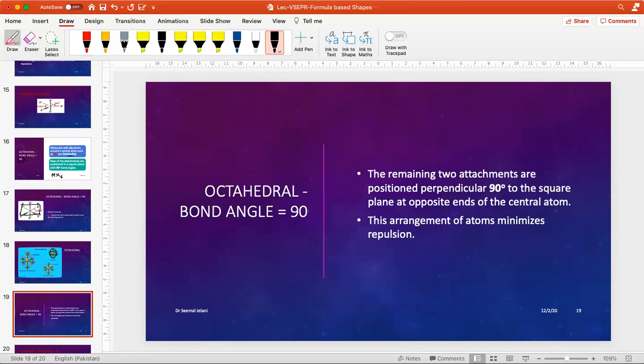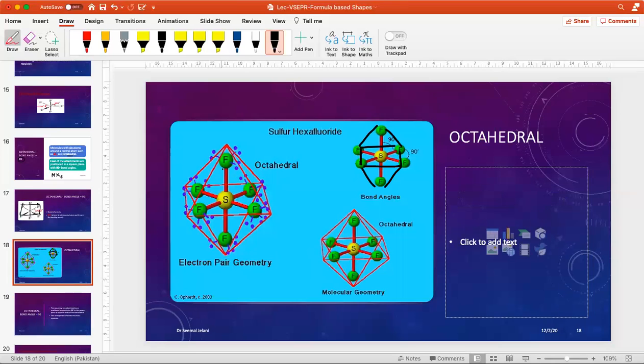Next, the octahedral bond angle is 90. The remaining 2 attachments are positioned perpendicular, at 90 degrees to the square plane, at opposite ends of the central atom. You can see the remaining 2, this one and this one, just opposite. One on the upper side of the square and one towards the lower side.